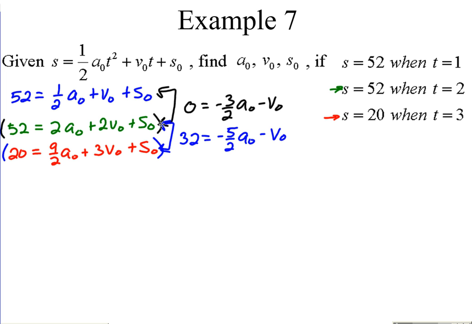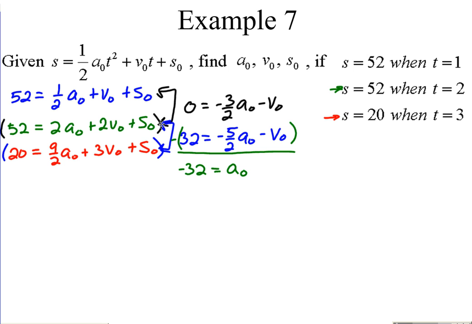If I look at the form that these 2 are in, we can use elimination right away and get rid of the v of 0s. 0 minus 32, negative 3/2 plus 5/2 is just 1. And our v of 0s drop out, so there's our first variable. We know a of 0 is negative 32.